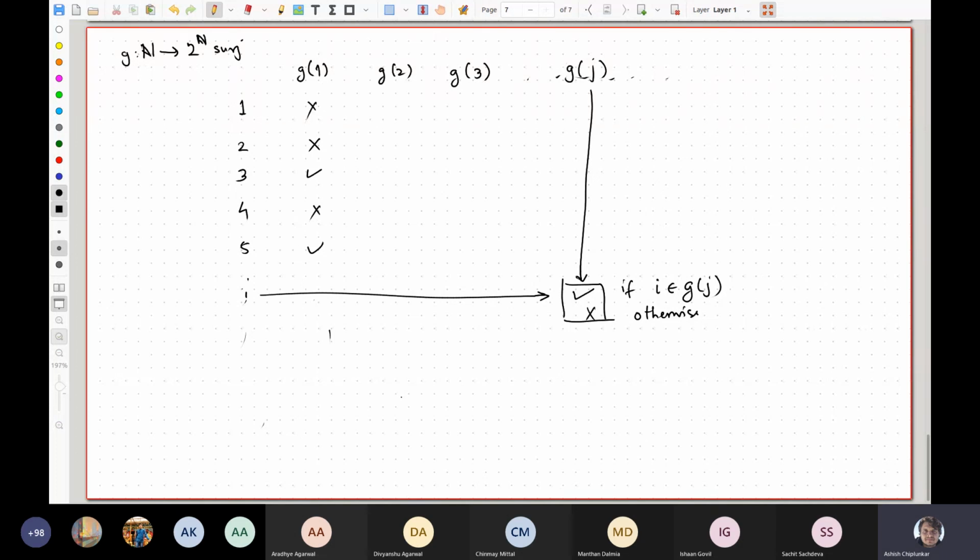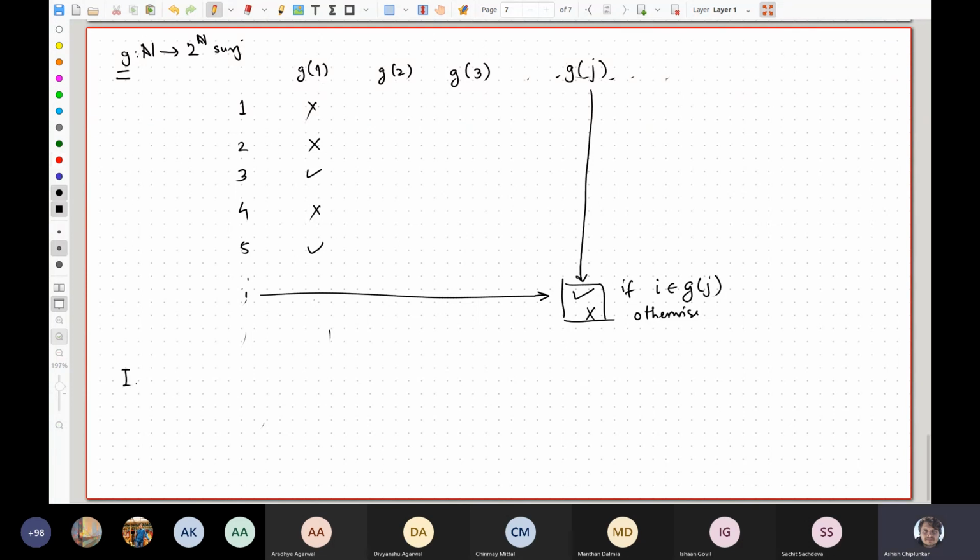Okay, so now we somehow want to get a contradiction. So how do we get a contradiction? We'll get a contradiction by proving that G is actually not a surjection. So the image of G is going to miss some subset of natural numbers.